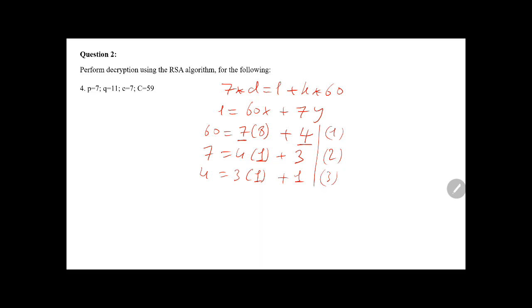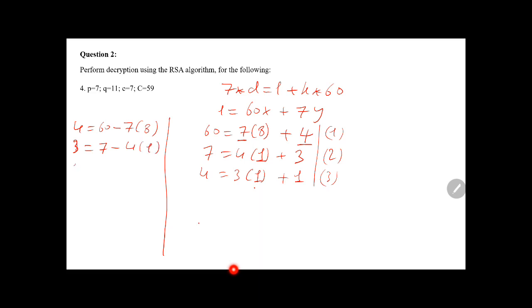So what we do next, we start by rewriting our equations with the remainder on the left side. So they will be as follows: 4 equals 60 minus 7 multiplied by 8. Then we have 3 equals 7 minus 4 multiplied by 1.